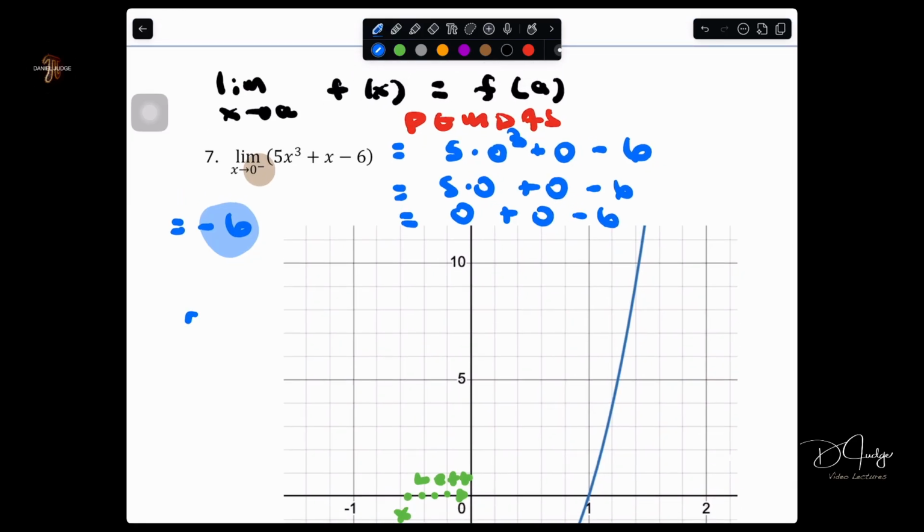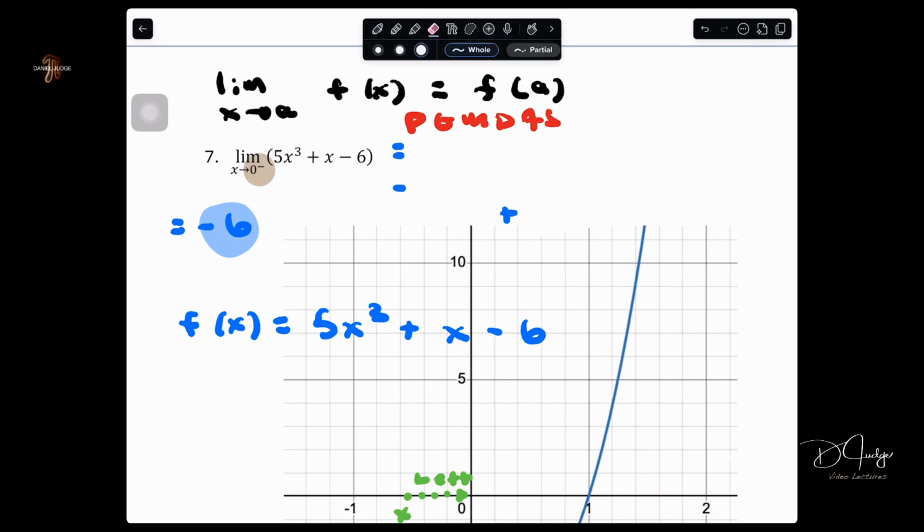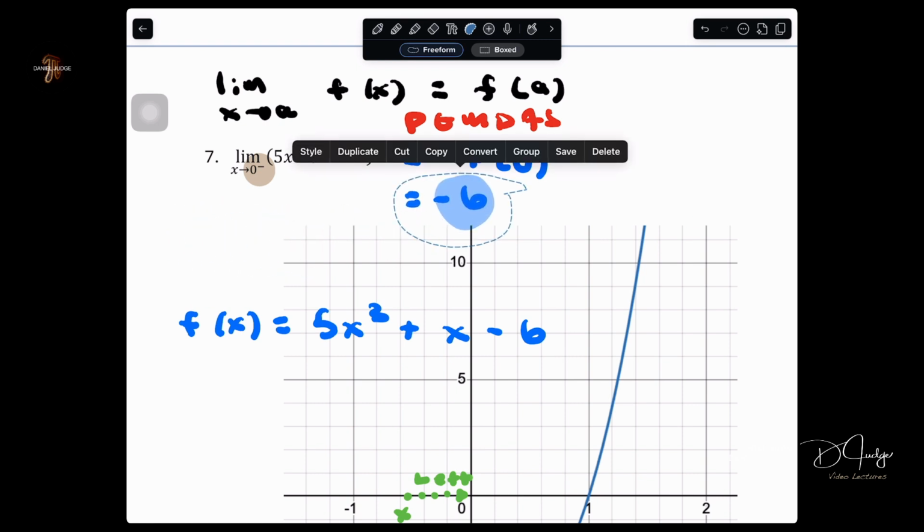And let me emphasize again for those who might be needing to review that the function here is 5x cubed plus x minus 6. We did the order of operation already. We deduced the answer. So very often we just say, hey, just evaluate the function at 0, plug it in, and yes, we already know this equals negative 6.